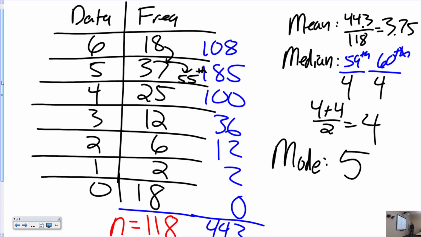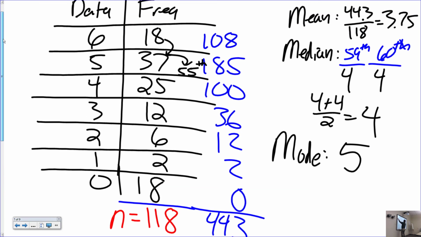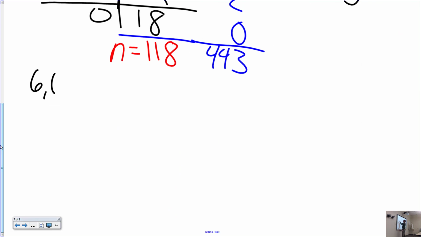But where did the 4 come from? And how did you get the 55th number? It's the last 5. So what's the 56th number? How many 6s do I have? 18.